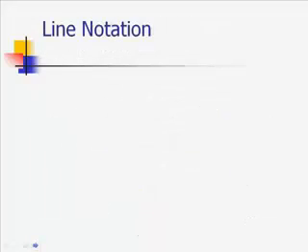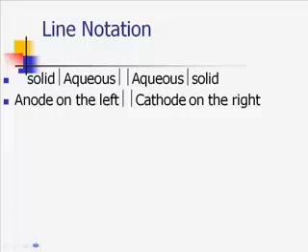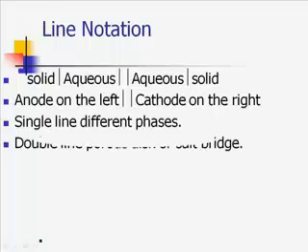Okay, there is a simple way of abbreviating this. It's called line notation. This is also used to describe a cell. So we put the anode on the left, the cathode on the right. You put a single line between different phases, and then a double line in the middle.